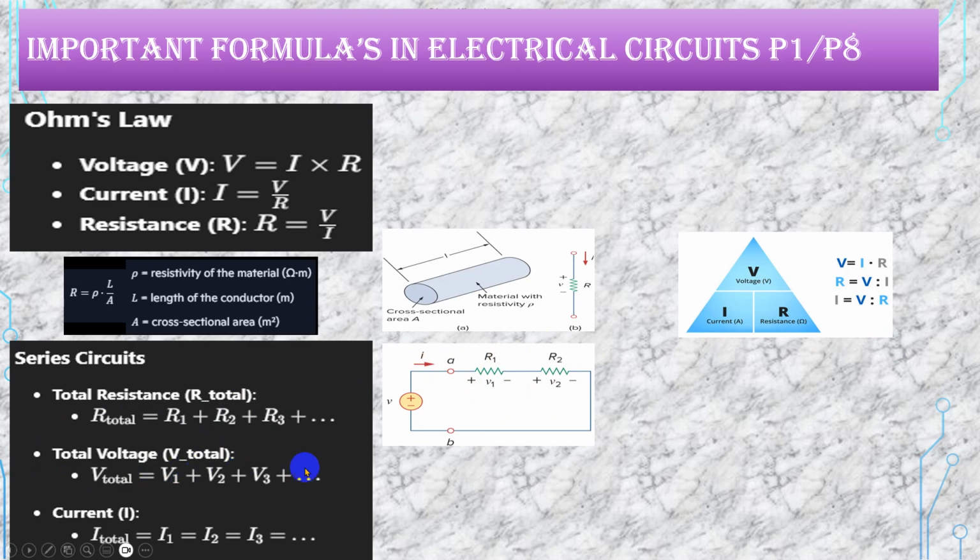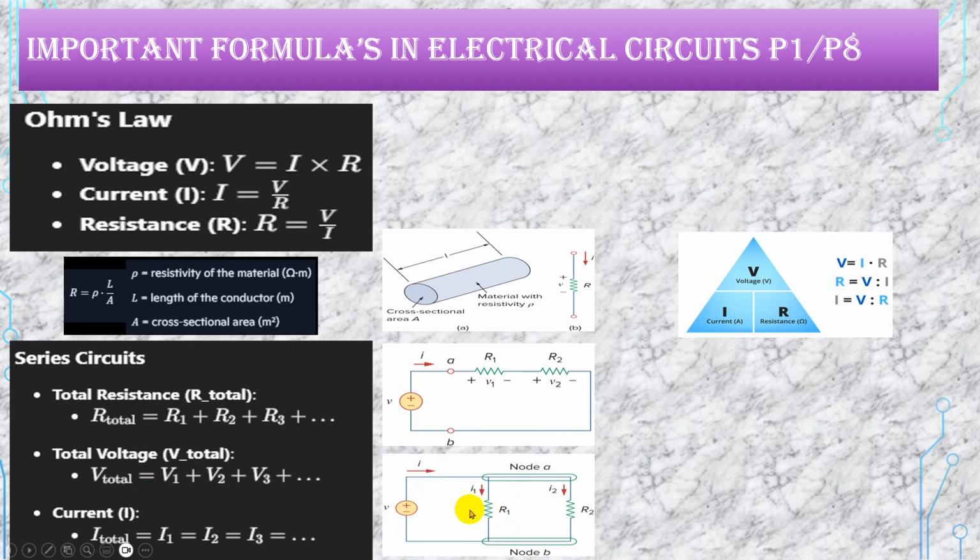If we consider the current in resistance R1 as I1 and in R2 as I2, then all currents are equal, because in a series circuit the current is the same. So I total equals I1 equals I2 equals I3, and only the voltages are divided based upon the resistance values, that is V1 plus V2 plus V3. So this is about the series.